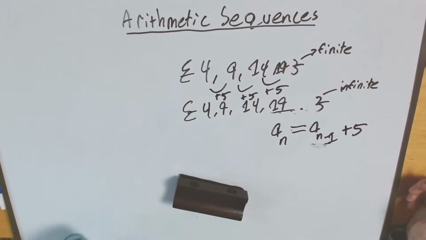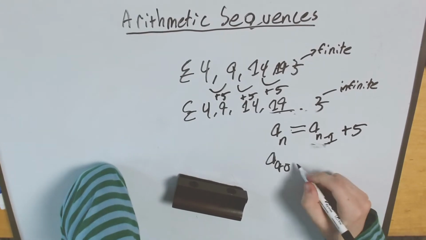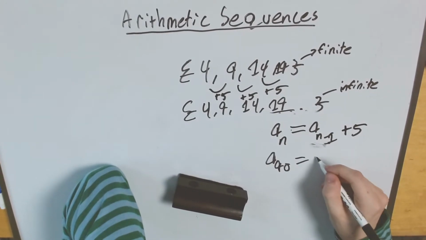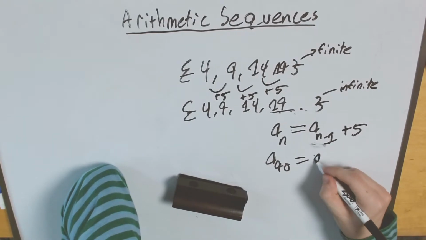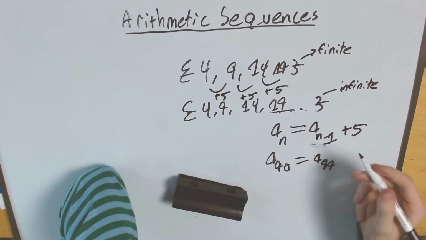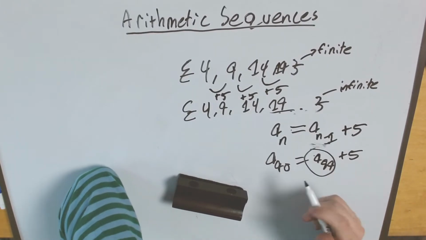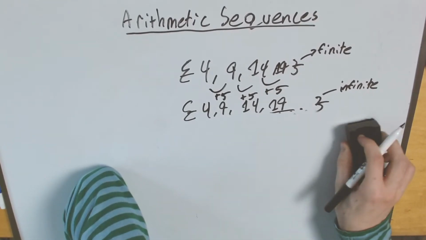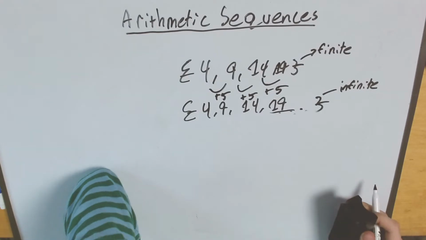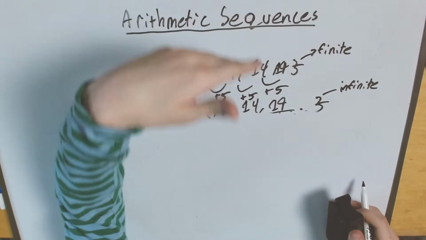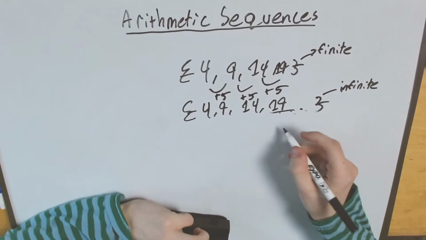But that doesn't really work, because if we were to say find the 90th term, we have the 90th term is equal to the 89th term, or 90 minus 1, plus 5. And that doesn't help us because we don't know what the 89th term is. So what can we do to find our values without having to rely on finding the previous value and then the previous value and so on and so forth? Well, we can notice one thing, right?